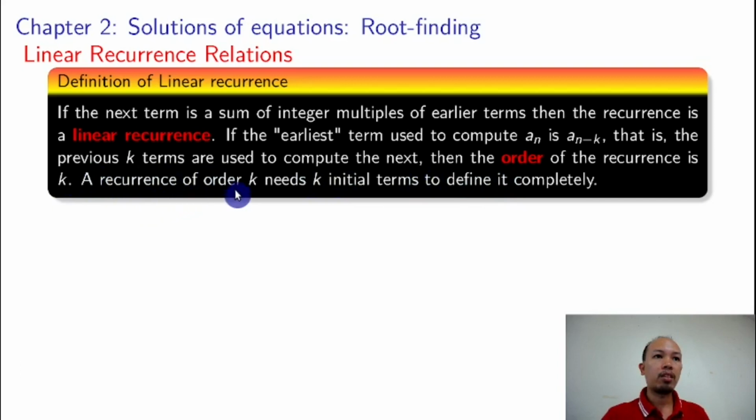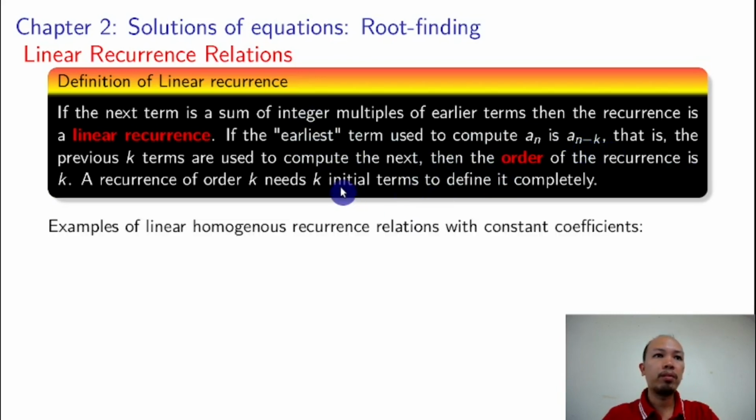A recurrence of order k needs k initial terms to define it completely. So to determine the order of the given recurrence relation, it should be expressed in the earliest term, a sub n minus k.